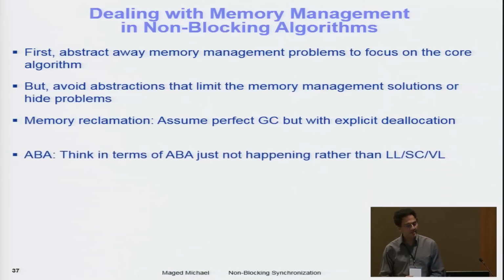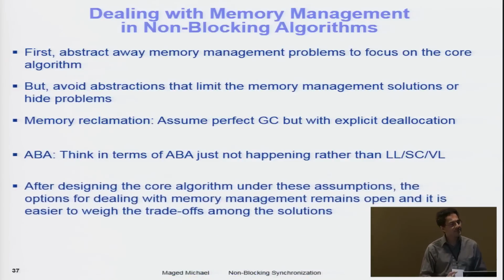For the ABA problem, don't think load-link/store-conditional, it's too restrictive. Just think about compare and swap that can just avoid the ABA from happening. It's as if you control the scheduler and the scheduler will not let it happen. After you design the core algorithm with these assumptions, then you start looking at the options for both problems.